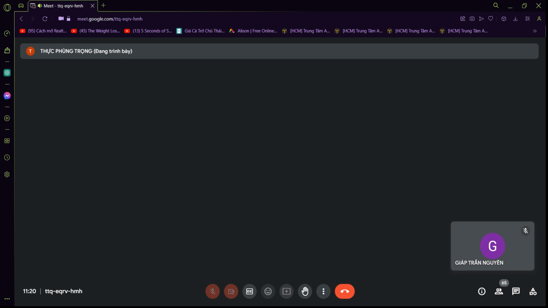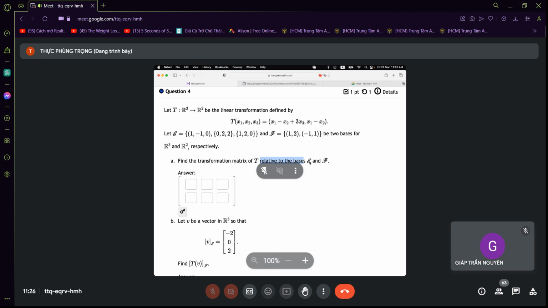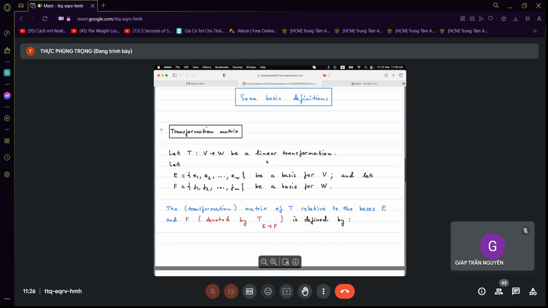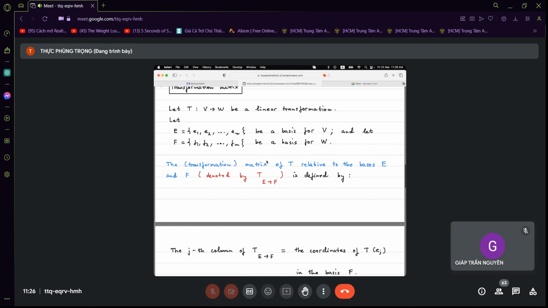The first question is to find the transformation matrix of T relative to the bases E and F. You need to know the definition, and it is quite simple. You first evaluate T of E1, and you find the coordinates of that in the basis F.